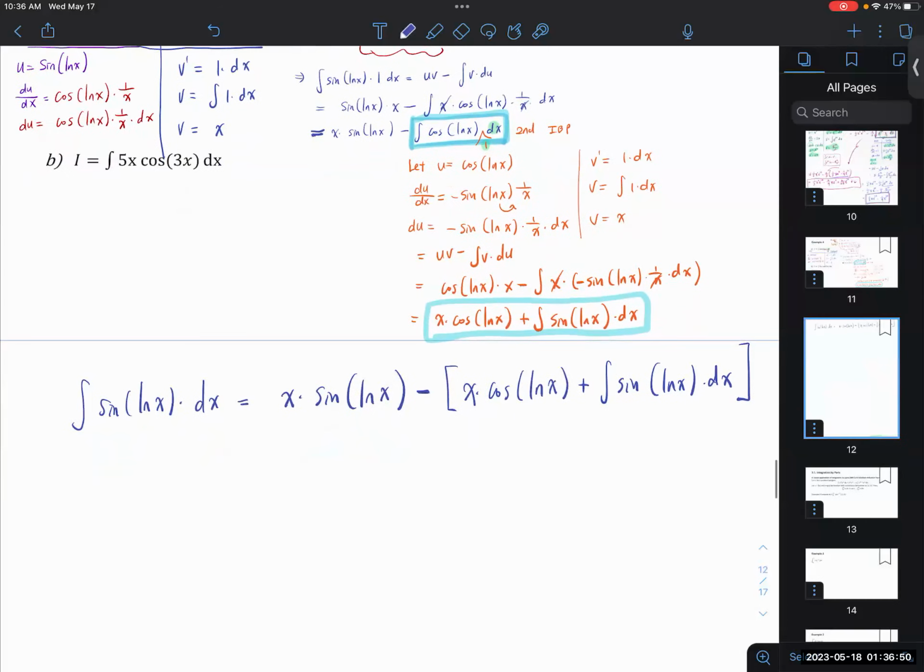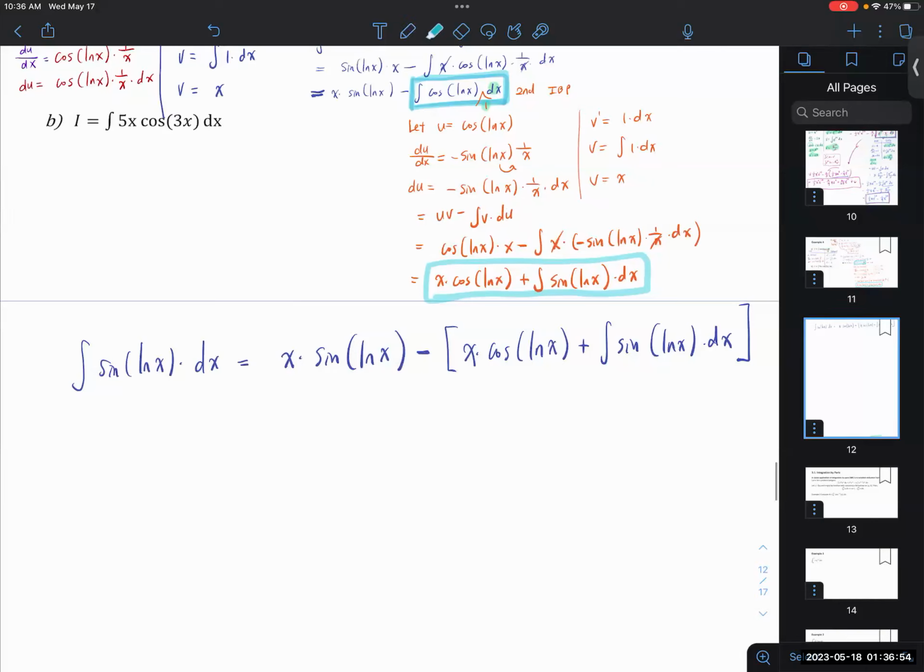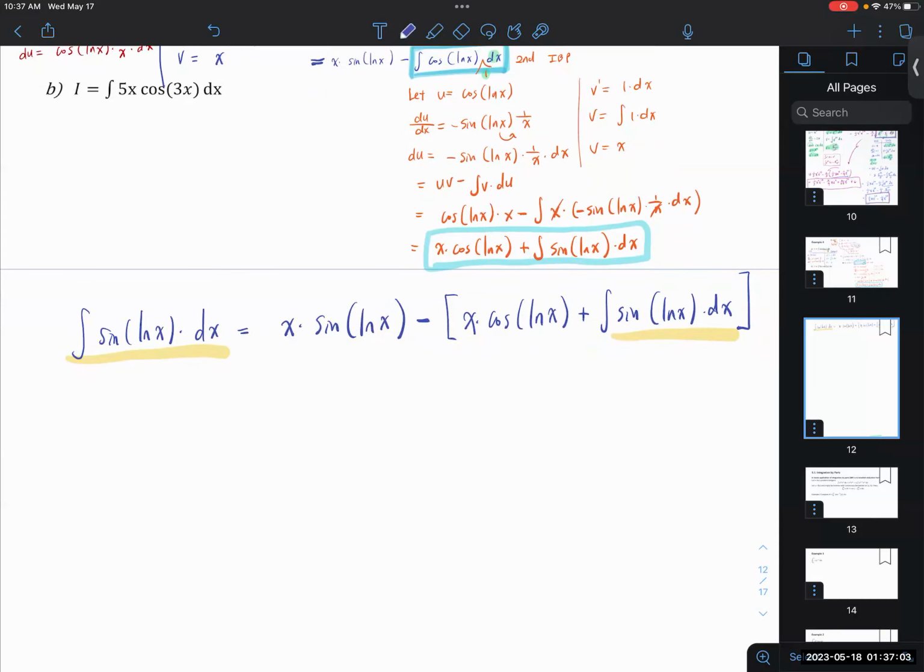So now in this equation, I see a commonality where this sine ln x dx and this sine ln x dx are the same thing. So let me expand it one more time. I'm going to rewrite it: integral sine ln x dx equals x times sine ln x. Let's distribute the negative everywhere, distributive property.